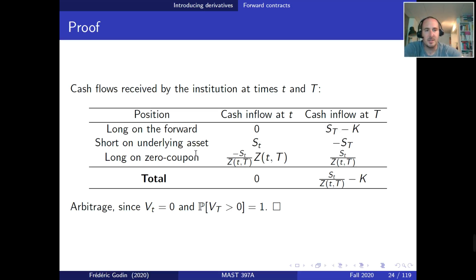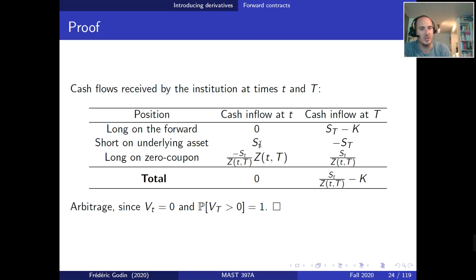Then the second position in the portfolio is the short position on the underlying asset. At time small t, you borrow the asset from somebody and you sell it on the market. So you receive the proceeds of the sale, which is the value of one share of the underlying asset, S small t dollars.